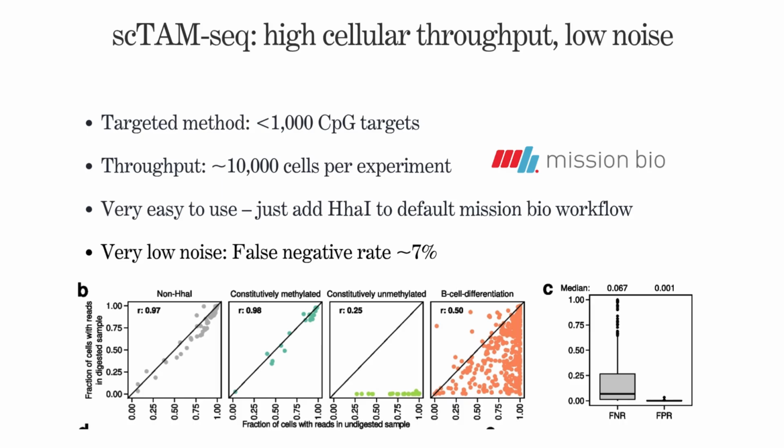So basically, this means that the unmethylated DNA does not get amplified, whereas the methylated DNA gets amplified. And you thereby get, and this is really the important message, you get a binary matrix of DNA methylation, where with one experiment, you cover around 10,000 cells, right, like Mission Bio always does. And on the other dimension here, the rows, you cover up to 1,000 CpGs.